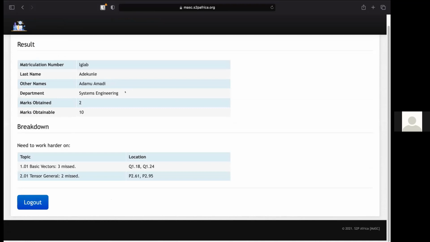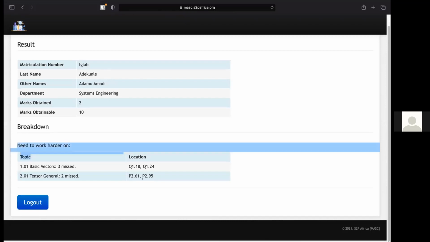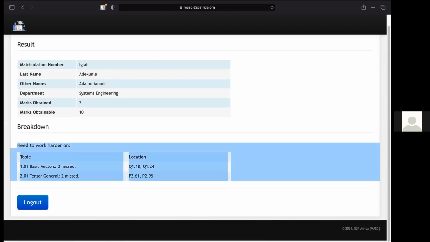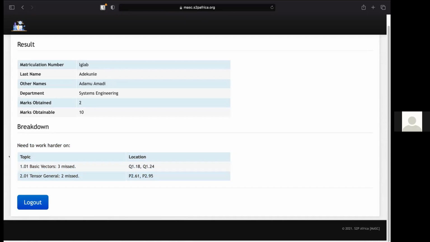But moving on, in addition to the traditional report of you got X out of Y, we see a breakdown, which guides the students to the areas they need more effort. This would be keyed to the material or textbook the lecturer is using.